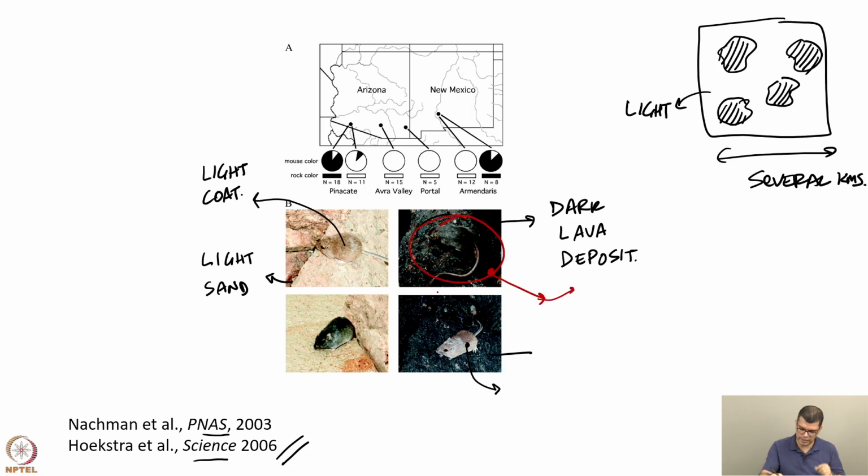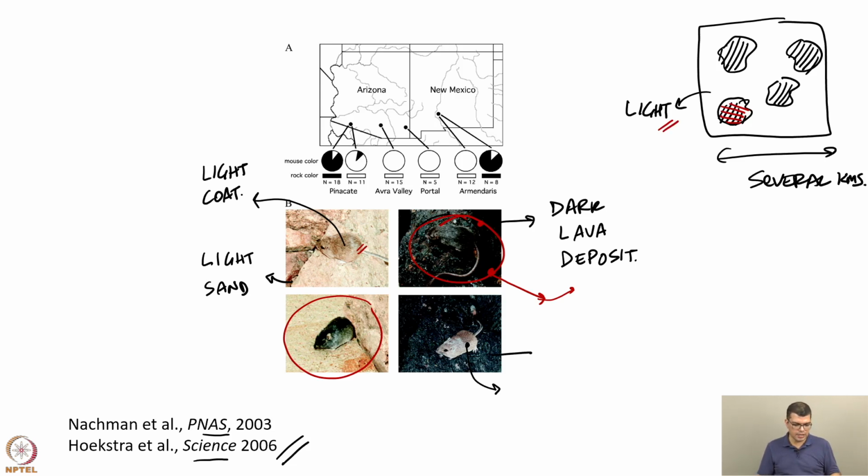This is really hard to detect, this is really easy to detect, and vice versa. On this light sand background, the dark colored one is so easy to detect compared to a lighter individual. So, in terms of population distribution, in these areas it is primarily the dark coated individuals that live, and in these areas it is primarily the light coated individuals that survive.